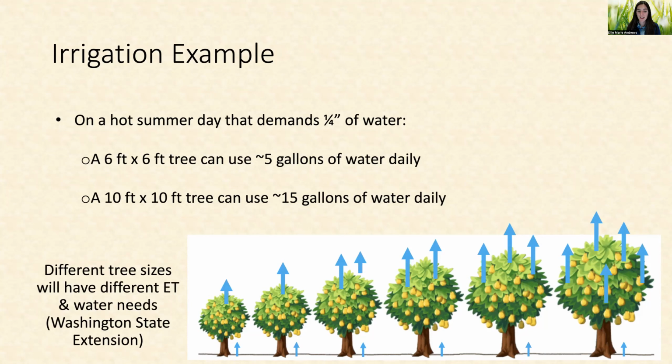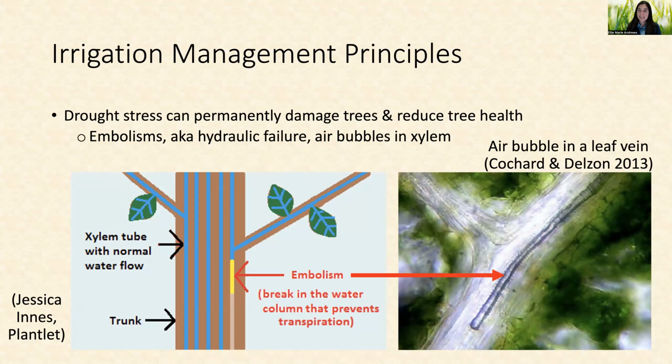So drought stress can also permanently damage trees and reduce tree health. So I think this is an important point where sometimes it looks like trees recover, and they do in some cases, but severe drought stress does cause embolisms. So embolisms just means these tiny air bubbles in the xylem that form. You can think about it as like hydraulic failure, essentially, where these air bubbles in the leaf vein happen because these trees are so drought stressed that they cause these breaks in the water column.